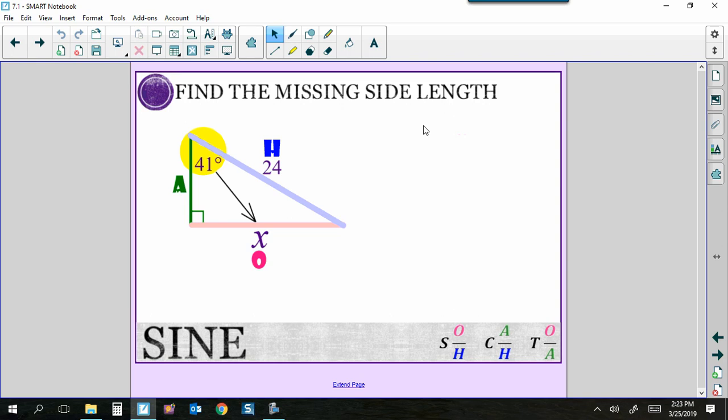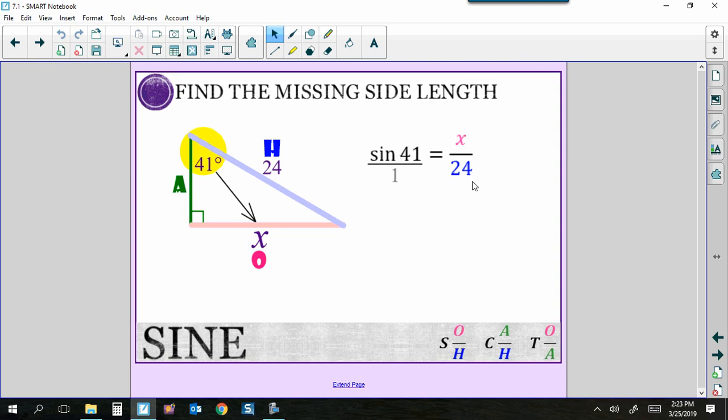Opposite, you're going to plug x in, and hypotenuse, you're going to plug 24 in. So you are going to get this equation here. Sine of 41 is equal to x over 24. After you get to this step, you're going to treat this just like a proportion. Sine of 41 is not over anything right now, so we can go ahead and put it over 1. And we're just going to start cross multiplying. 1 times x and 24 times sine of 41.